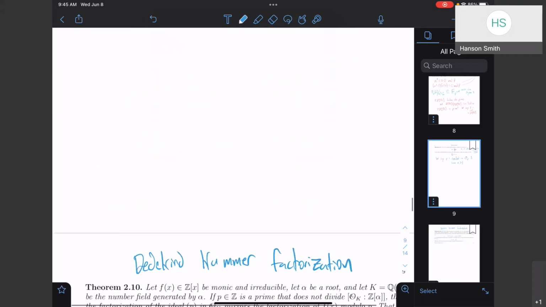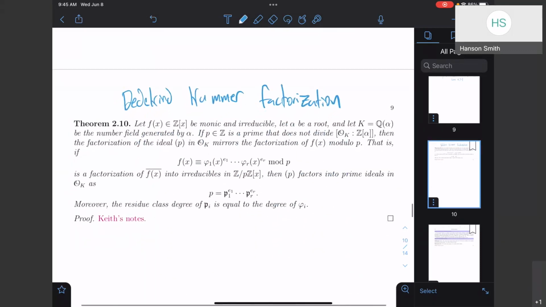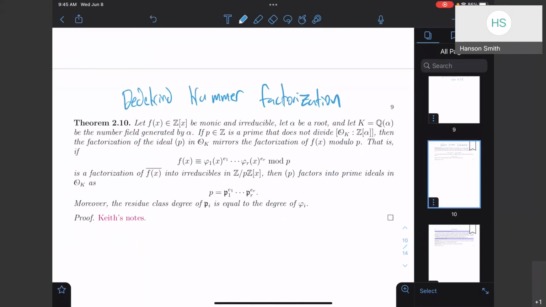Okay, so yeah, I have 5 minutes left, and that was a great segue. We're interested in how things factor. Now we have some sort of idea that summing up all the primes above P with the e_i and f_i is going to give me n. So I have that restriction. But if I just give you some degree 7 number field, how does stuff factor?